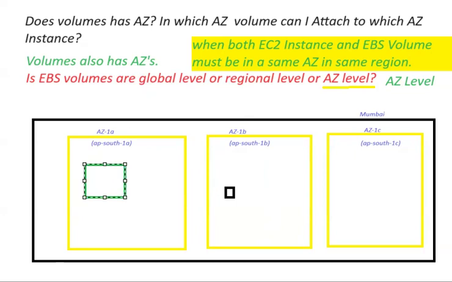Now my question is, how can I get that volume connected to that instance in 1a? That is the question.